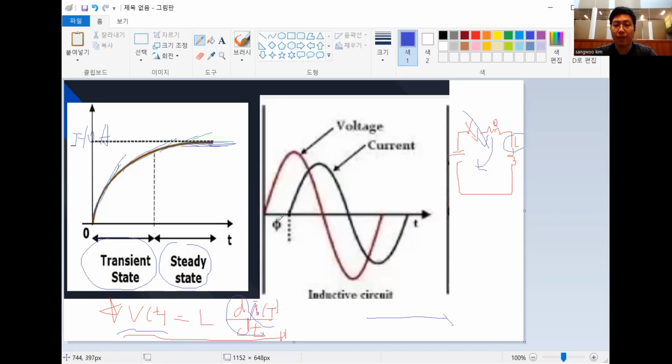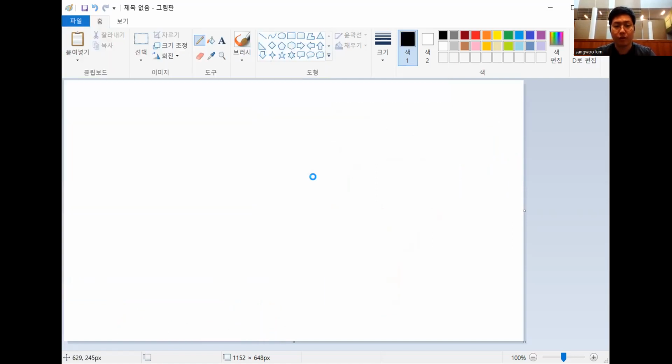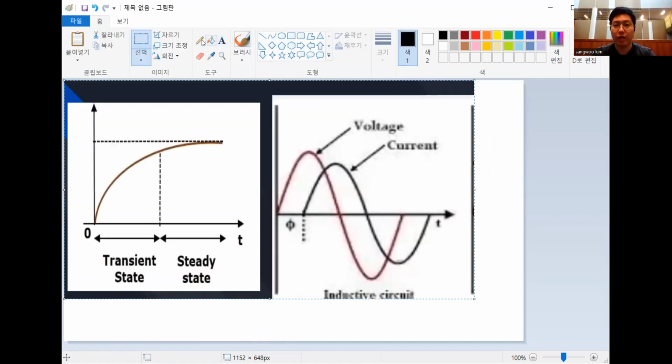This is also the same. Look at that. We say that in an inductor the current is lagging, right? In math, I will explain a little bit. V(t) = L dI/dt.